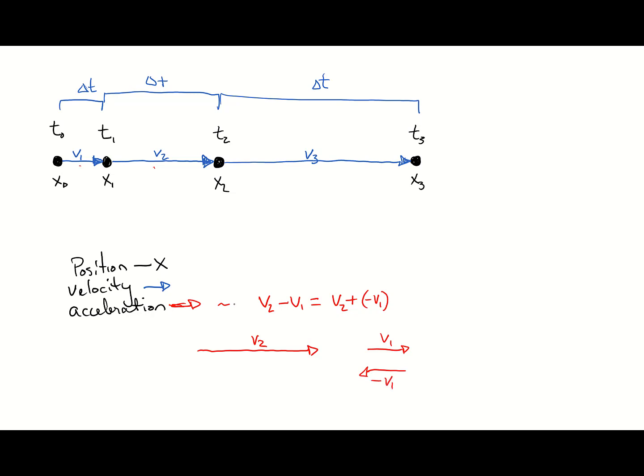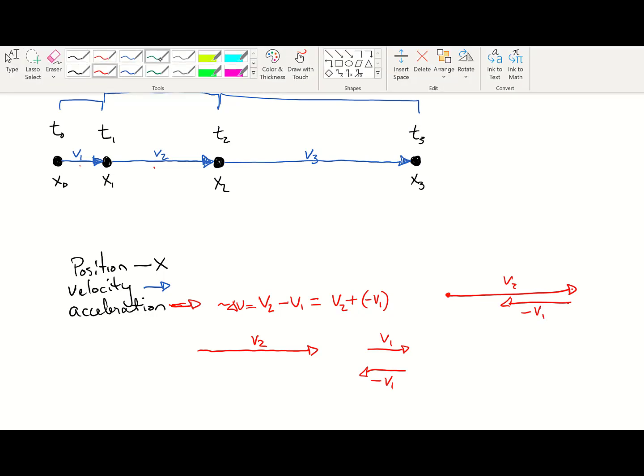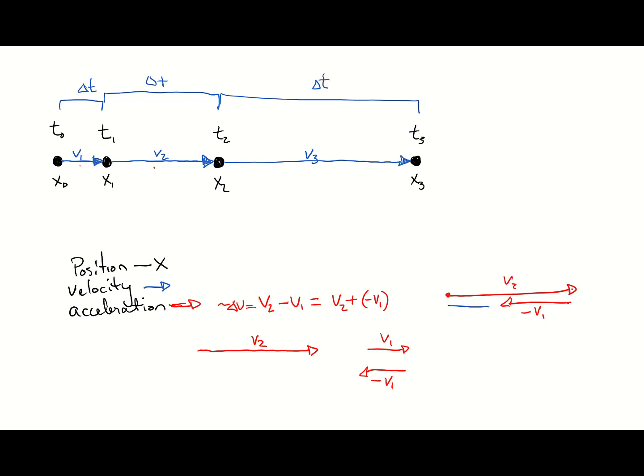So if I want to know that change in v, which is v2 minus v1 or v2 plus negative v1, I can just do this add the arrows together idea, which would be v2 takes me from my starting point to here. And then if I add negative v1 like that to it, I'm going to end up with the resultant change in velocity, that delta v is going to look like that, from where I started to where I ended up after following both those arrows.